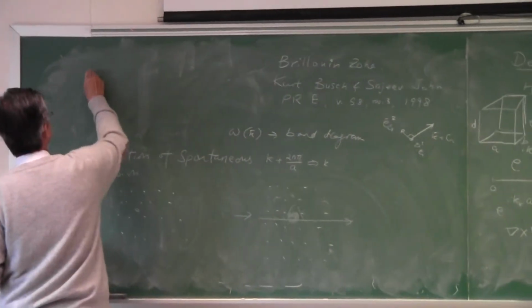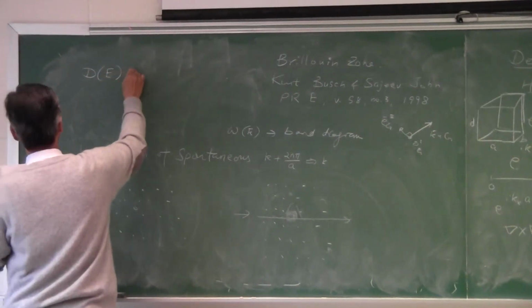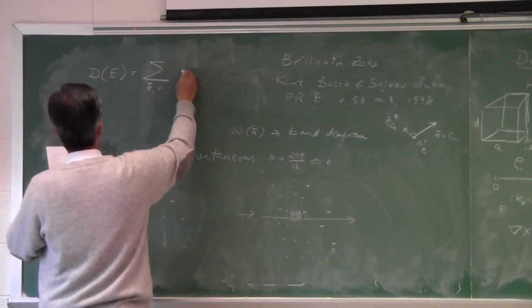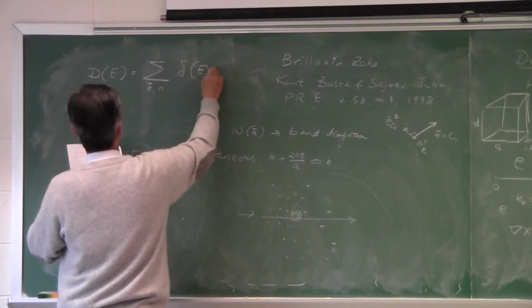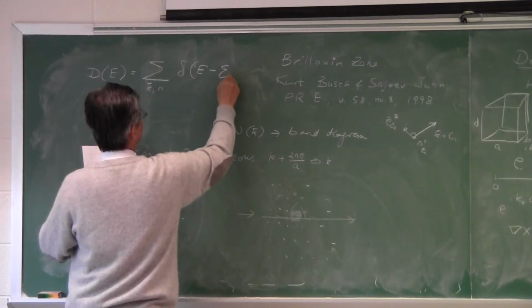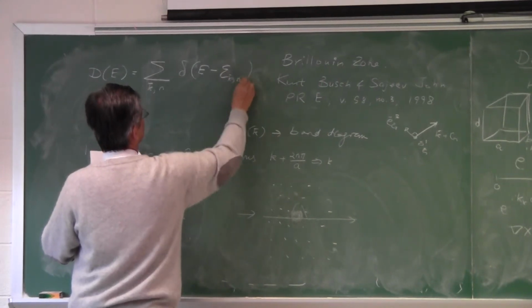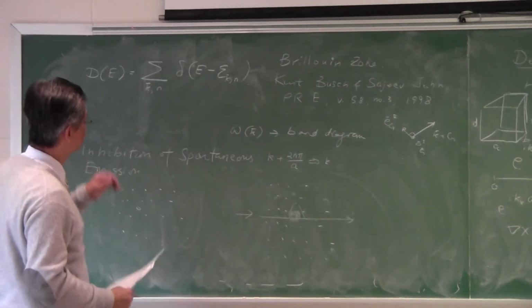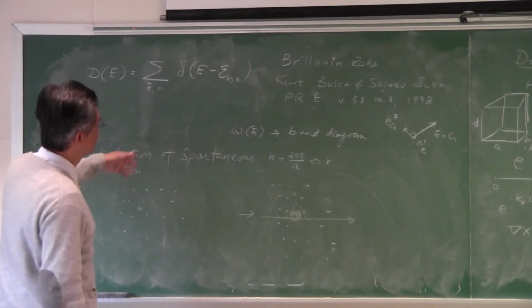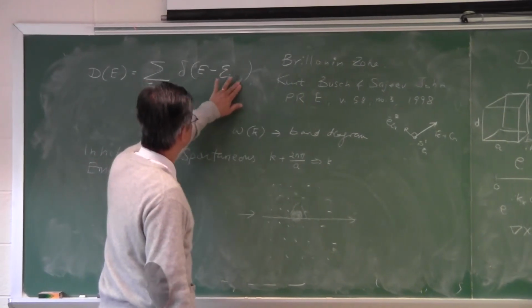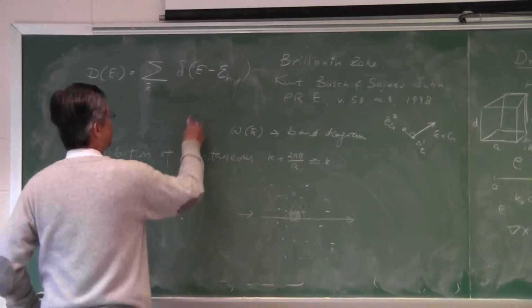The equation for the density of states can be just written as a sum of delta functions, delta of E minus epsilon k, n. And actually, I don't have to bother you with n first, but this is like h bar omega.